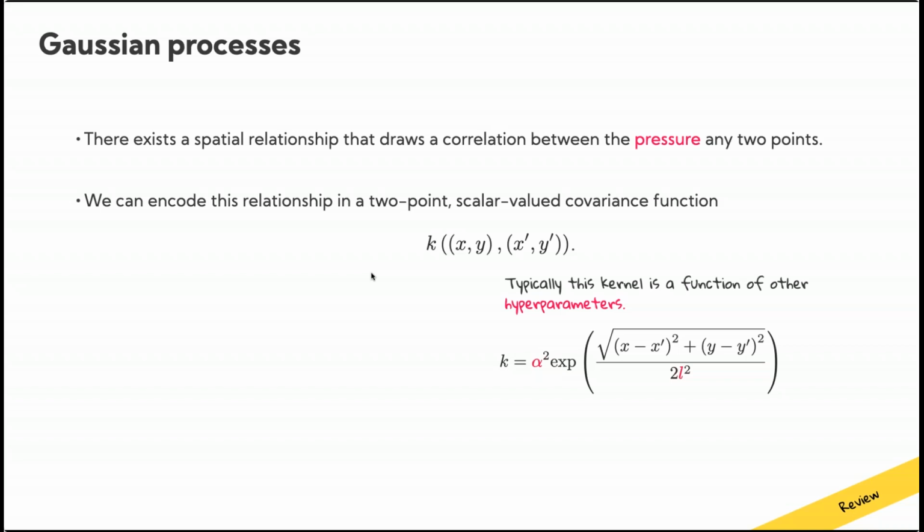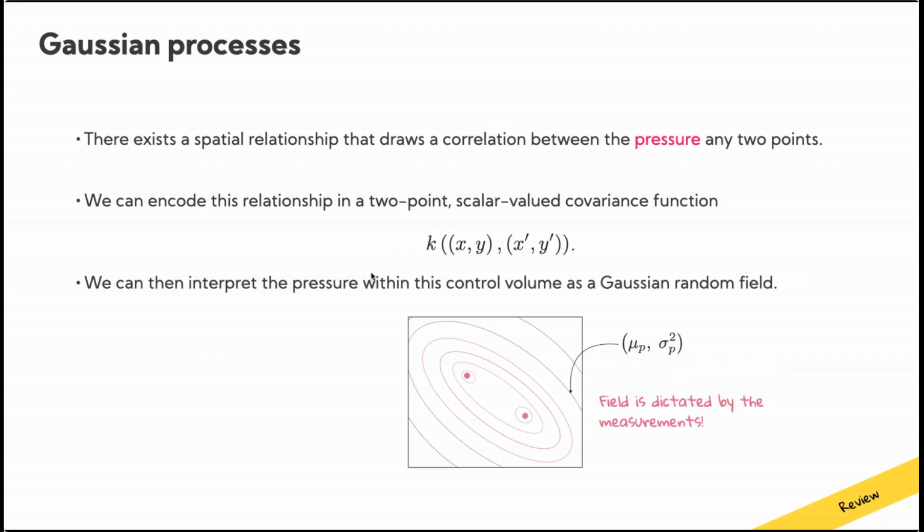So there are two main points to note here. First is the assumption that there exists this kernel function, right? And that has a certain parametric form. And the second is that what underscores this kernel function are some hyperparameters which presumably give it some degree of flexibility in terms of dictating the relationship between the pressure at 2 points in space.